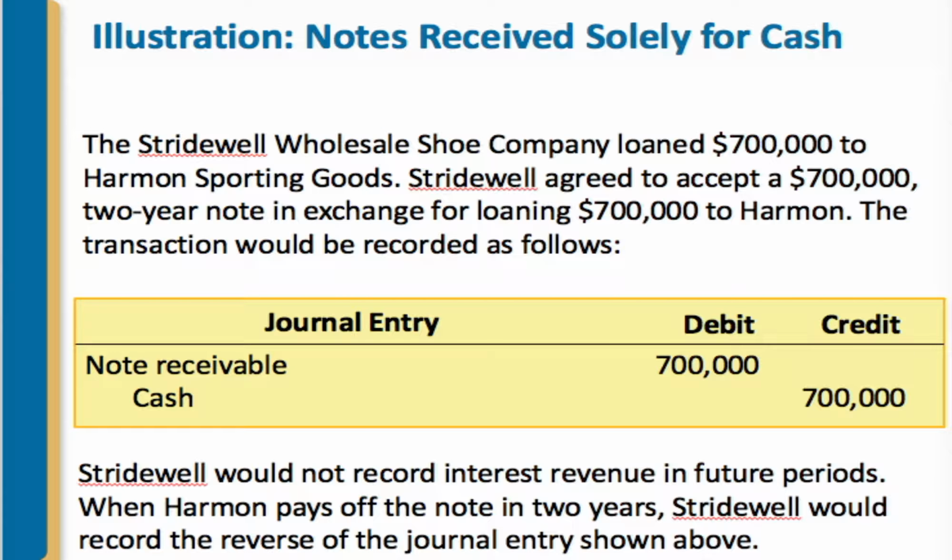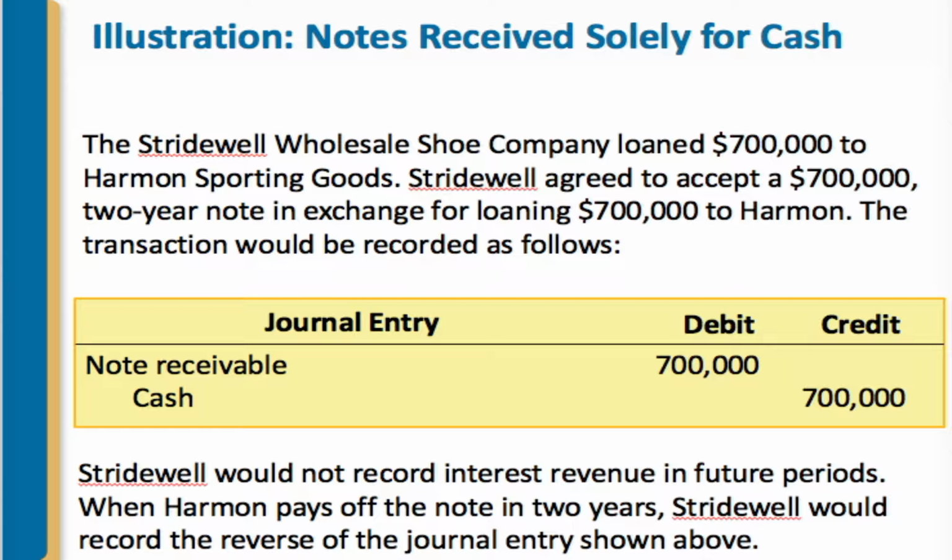If a note with an unrealistic interest rate, even a non-interest-bearing note, is received solely in exchange for cash, the cash paid to the issuer is considered to be the note's present value, even if this means recording interest at a ridiculously low or zero rate. The amount of cash exchanged is the basis for valuing the note.